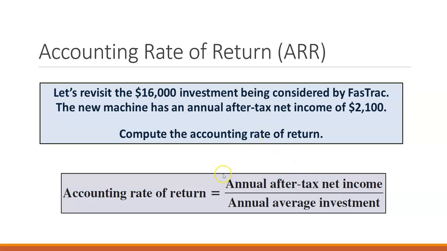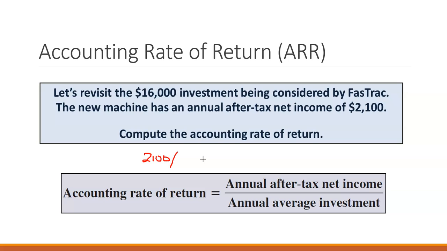So if we look at calculating this, if I can bring up my tools to write on it, we are going to have our annual after-tax net income, so 2,100. And again, I'm doing this with my mouse, so forgive me. Then the annual average investment. Remember, the annual average investment is the initial cost plus the salvage value divided by 2.